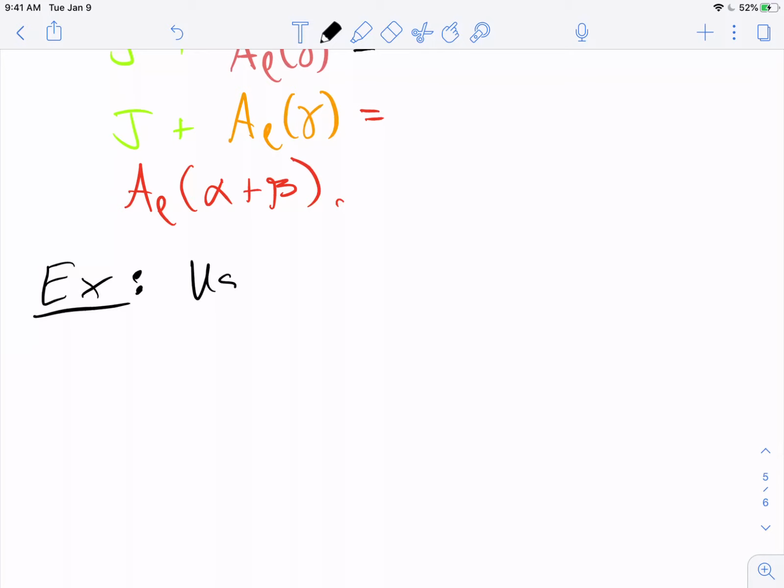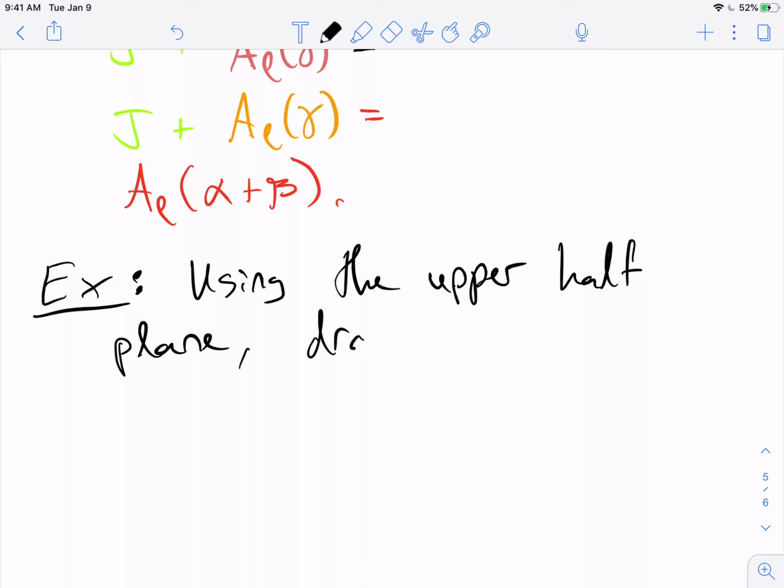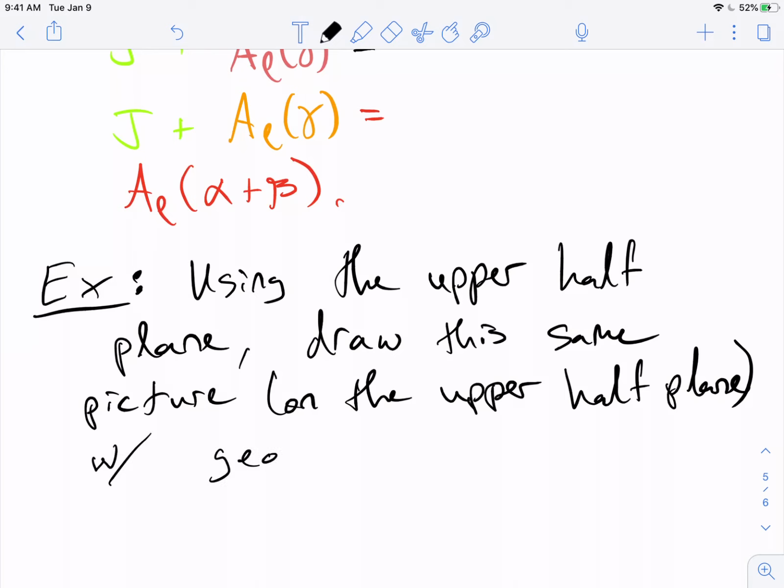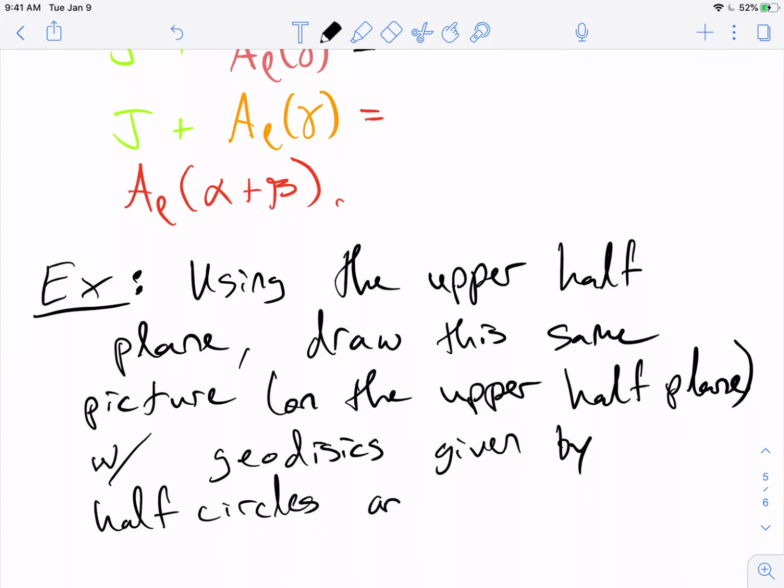So using the upper half plane, draw this same picture on the upper half plane, where we know what the geodesics look like, with geodesics given by half circles and vertical lines.